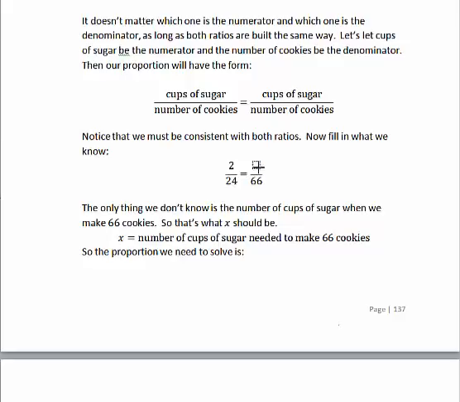Alright, and so at this point we would fill in the blank with a variable, x. And so x, if we defined it, would represent the number of cups of sugar. Okay, so we have 2 over 24 equals x over 66.